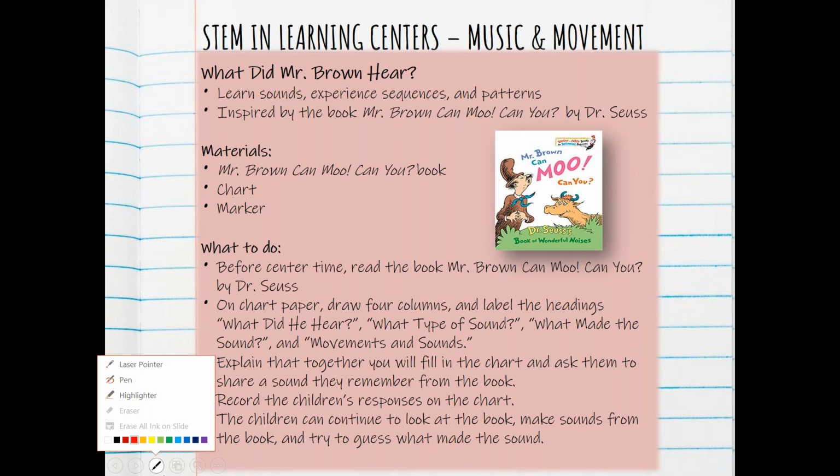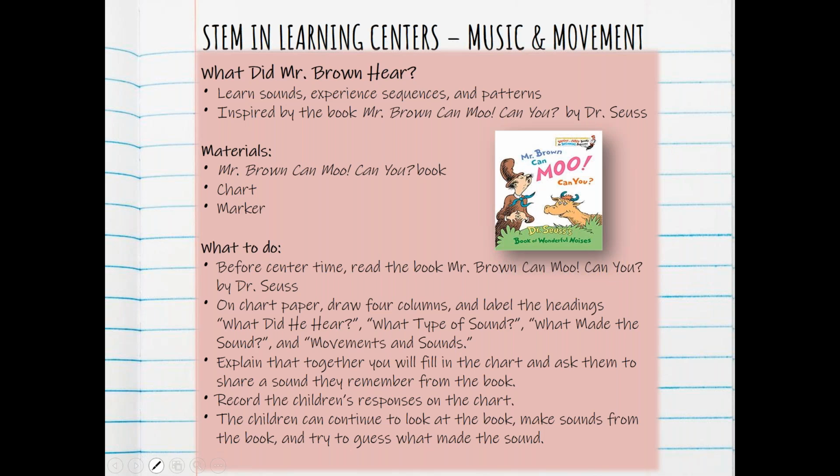For music and movement, an activity inspired by the book Mr. Brown Can Moo! Can You? by Dr. Seuss, with just the book, chart paper, and a marker. You can, during center time, read the book and have the chart paper drawn out with 4 columns labeled with these headings. What did you hear?